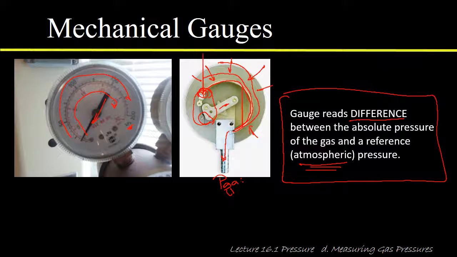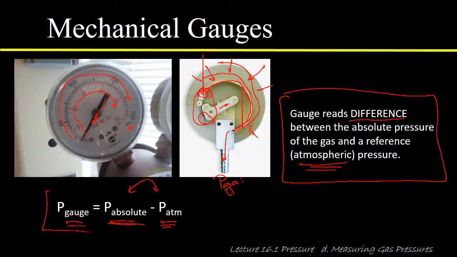So we could also write that this way. Gauge pressure, that's what we read on the dial, is the absolute pressure, that's the actual pressure of the gas, minus the atmospheric pressure, because again, the gauge is actually giving you the difference between these two.